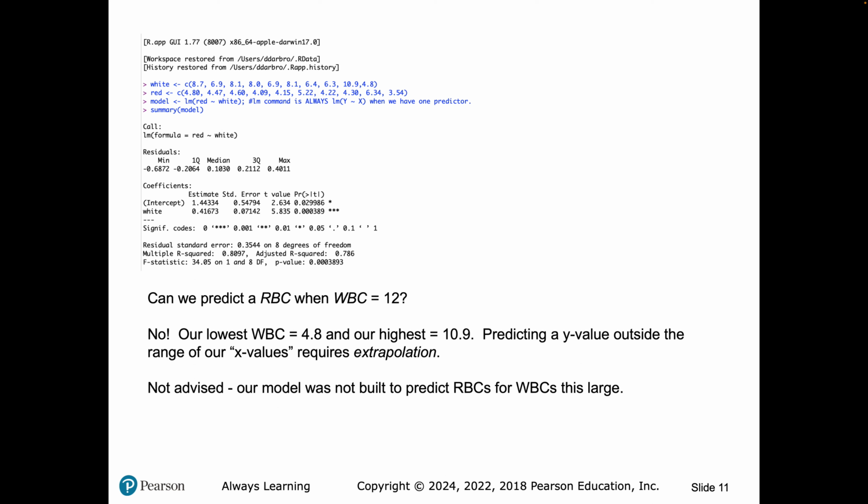Our model was just not built to predict red blood counts for white blood counts this large. It'd be kind of like collecting data from kindergartners and then using that model in a nursing home to make predictions. It just wouldn't make sense because that's not what the model was built for. And our model was not built for predicting red blood counts outside the range of white blood counts from 4.8 to 10.9.